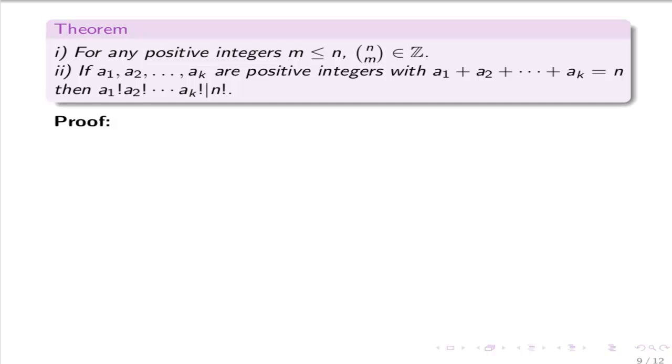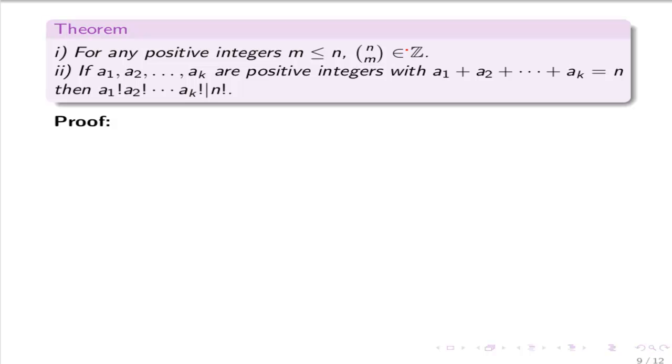Okay, let's apply this result to find the multiplicity of p dividing factorials and binomial coefficients. So what I want to prove is a well-known result. For any positive integers m less than or equal to n, the binomial coefficient n choose m is an integer.